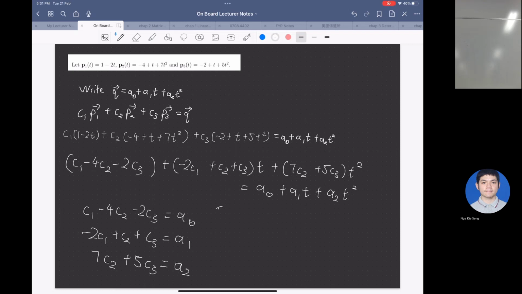Let's check we have the same matrix. Everyone got the same matrix? Okay. Row reduce it. See how many pivots we have.